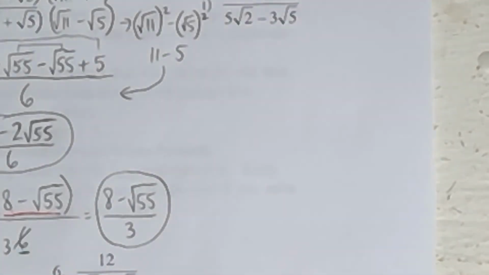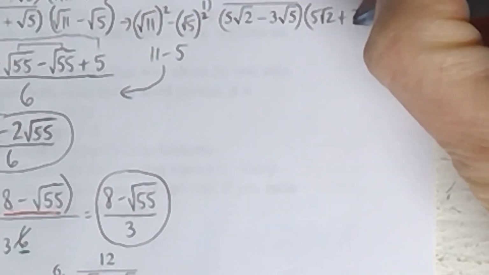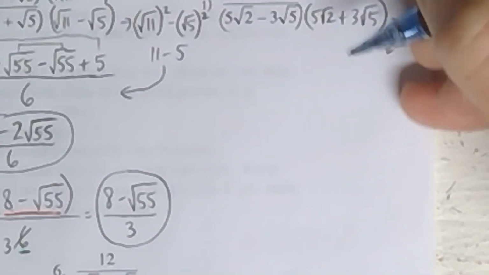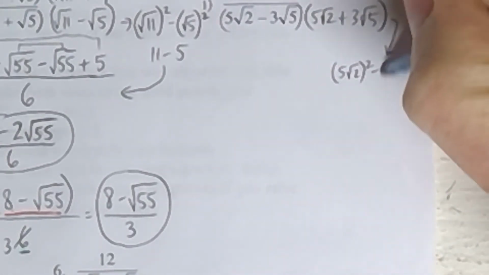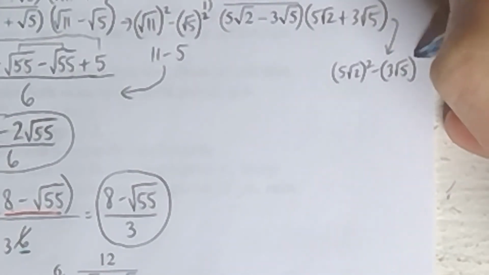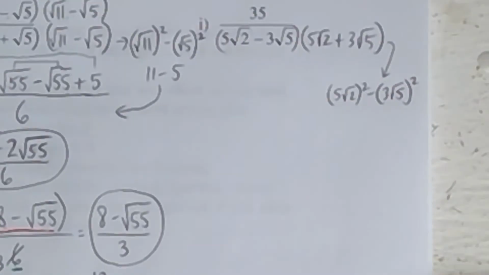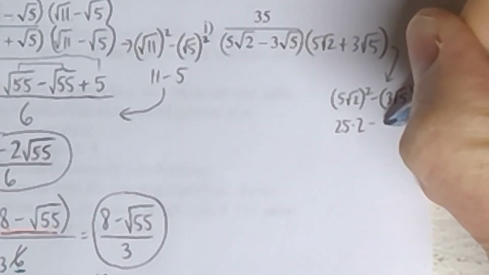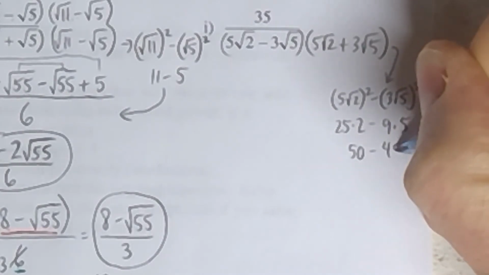So let me transfer all of that back over to here. Just give me a moment to write that down. And so we're going to get those 2 things being squared right there. 25 times 2 minus 9 times 5. 50 minus 45 is what that's equal to.